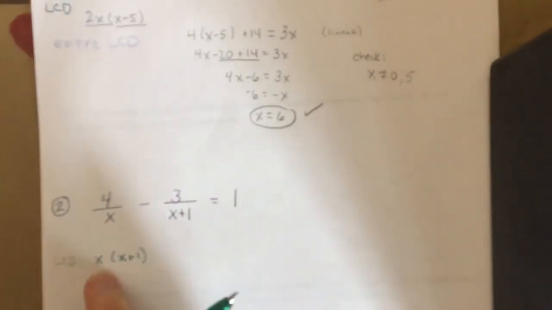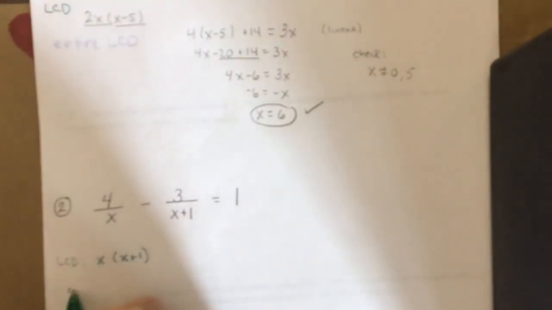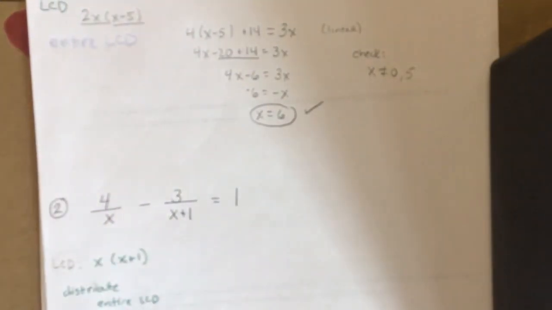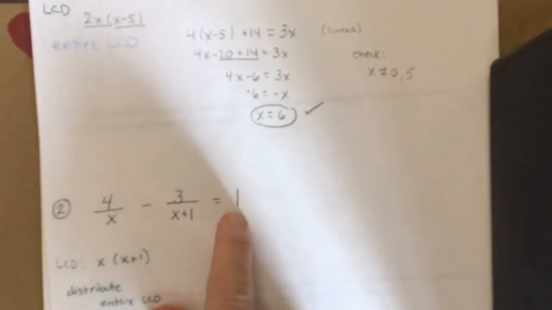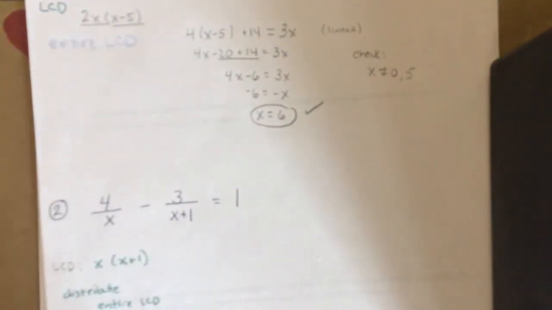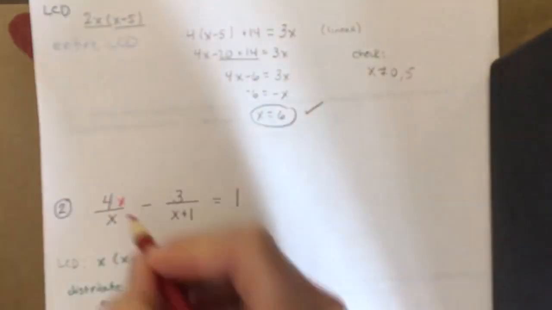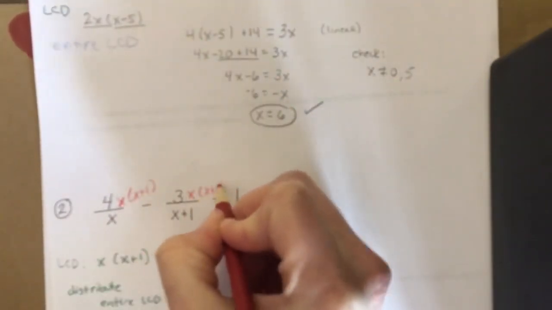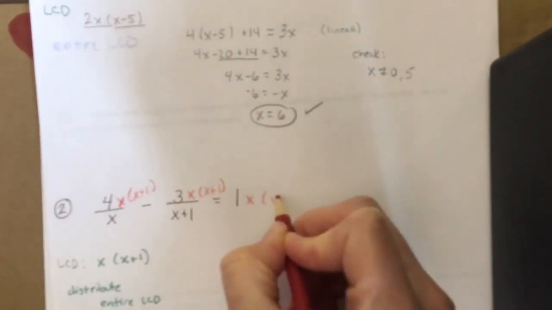Now I'm going to distribute the entire LCD. I'm going to write it one more time. Distribute the entire LCD to all the terms on both sides, including, and very importantly, the 1 on the other side. So I'm going to write x(x plus 1), x(x plus 1), x(x plus 1).